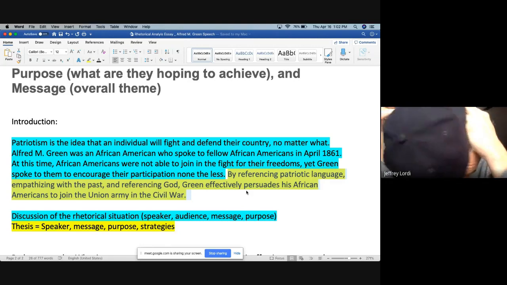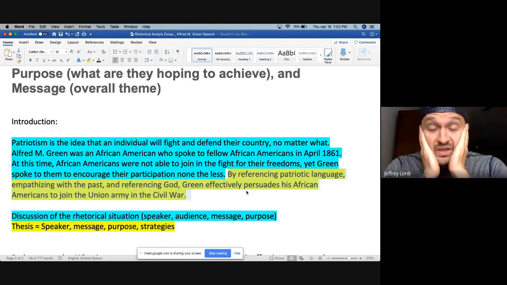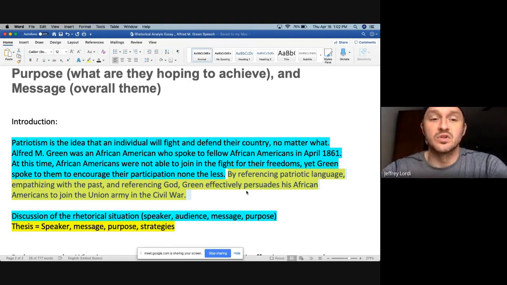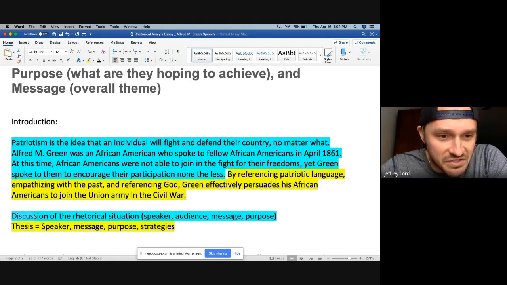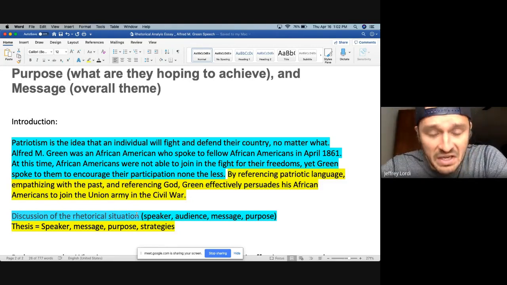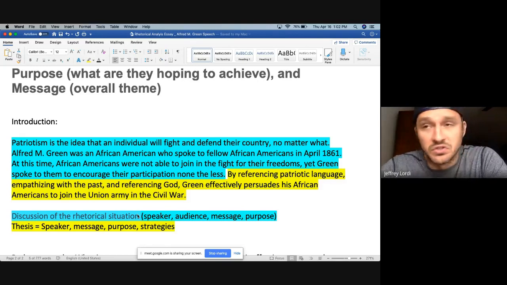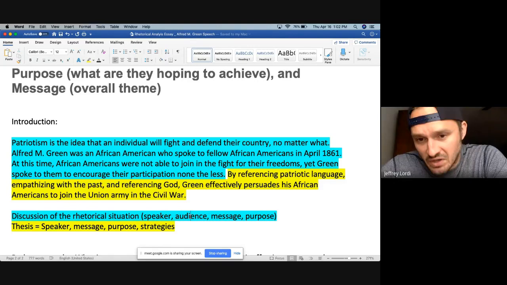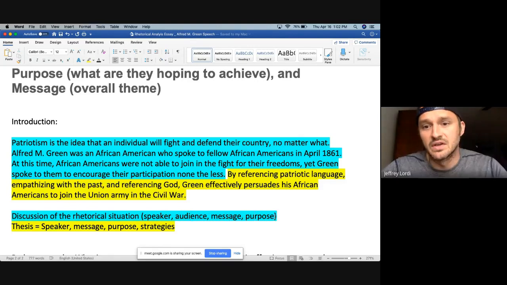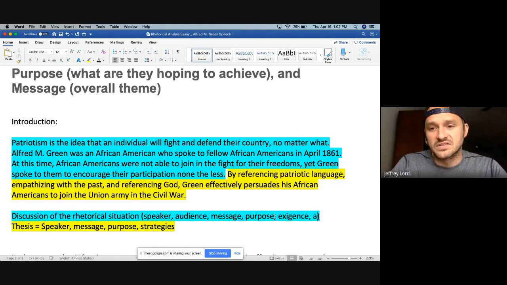But to make it stronger and give yourself more wiggle room for points, it would be wise to include some discussion of the rhetorical situation in your intro, which makes sense. You're giving an introduction to what the speech is about: who the speaker was, who the audience was, the message, the purpose, the exigence and the context.